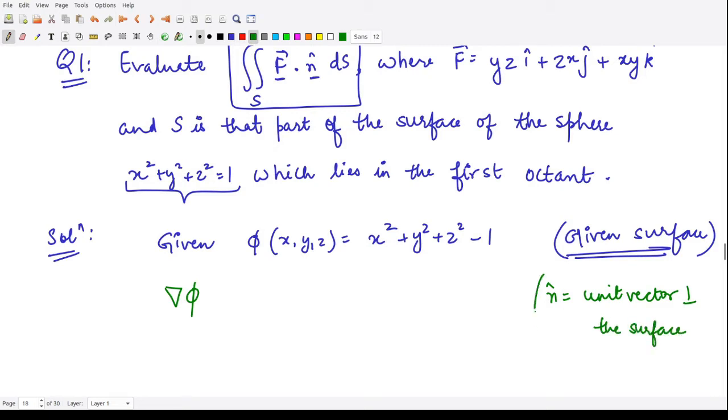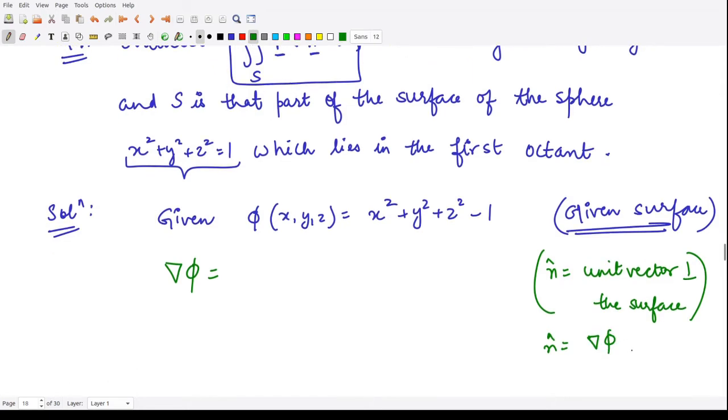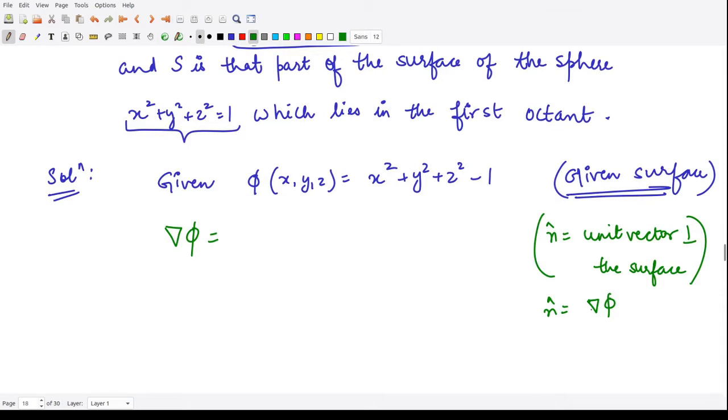Therefore, in order to calculate vector n, we will calculate the gradient of phi, such that your n vector is equal to the gradient of phi, that means the vector which is perpendicular to the surface, divided by its magnitude. Why are we dividing by the magnitude? Because this is the unit vector, right? Direction is obtained using this gradient phi, and in order to make it a unit vector, we divide it by its magnitude.